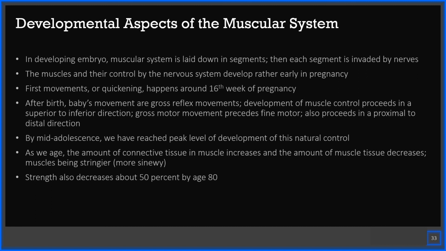Obviously, the rate of muscle depletion is different for everybody. It depends on your workout regimen, your strength training regimen, your diet, but this is just in general, and probably within that same decade, everybody's going to have a certain percentage of loss.